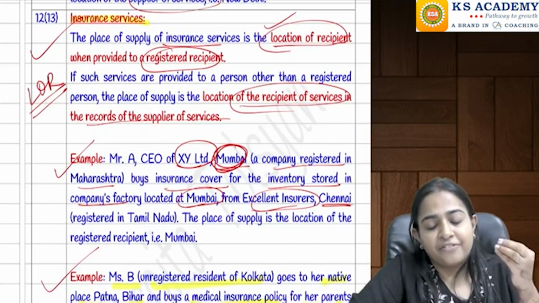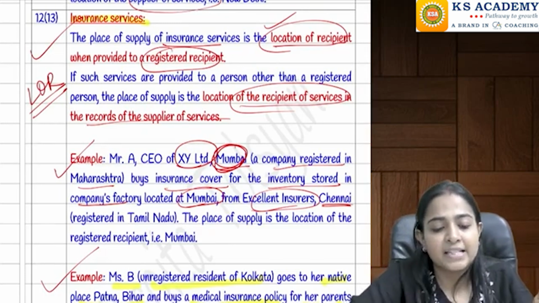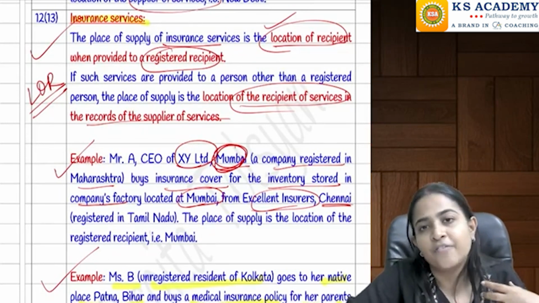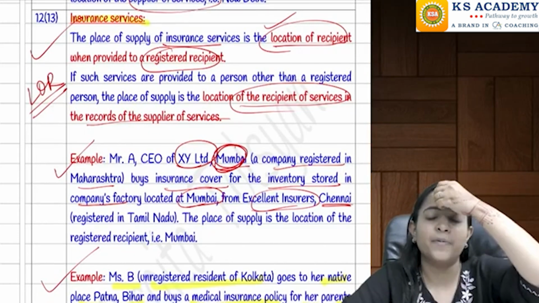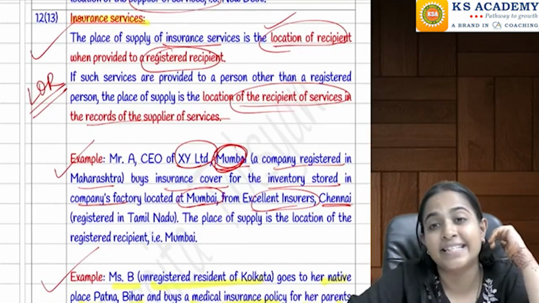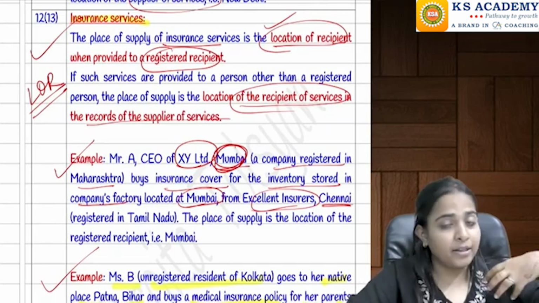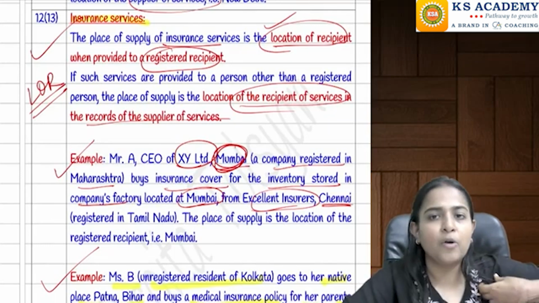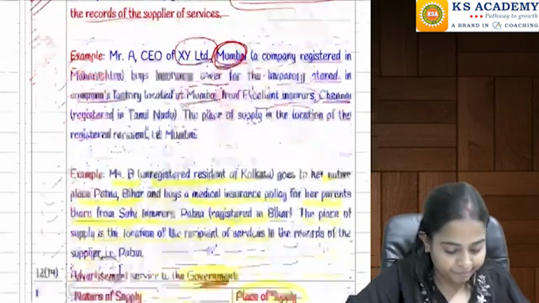If these are provided to any person other than a registered person, the place of supply is the location of the recipient of the service which is available with the supplier. In case of a registered person, my location will be the address of the GSTIN. In case of an unregistered person, the place of supply will be the location of the recipient only, but the location that is available with the supplier.